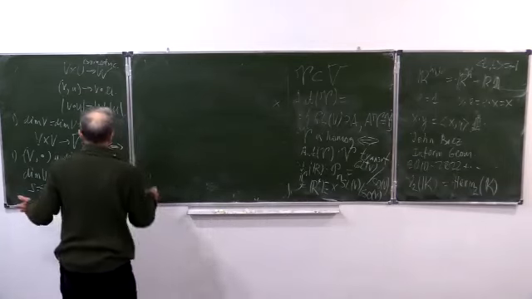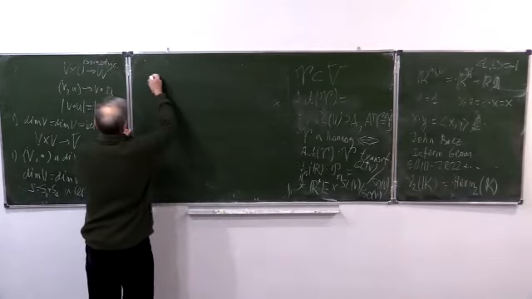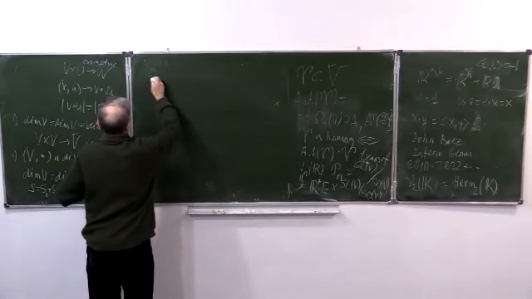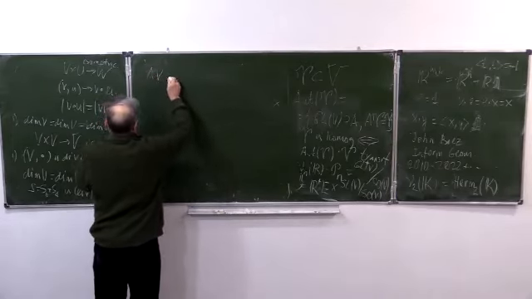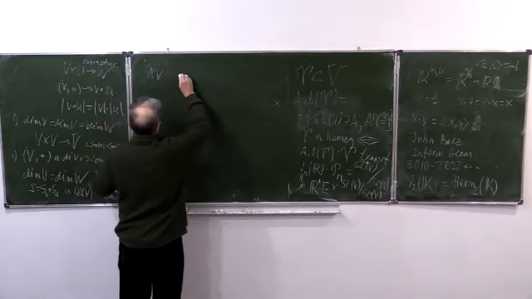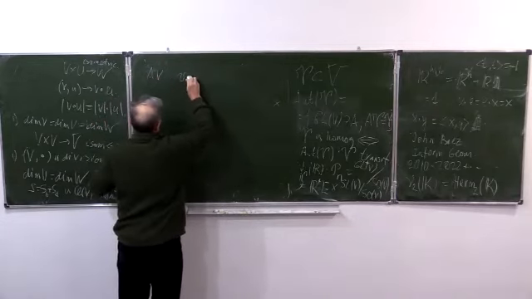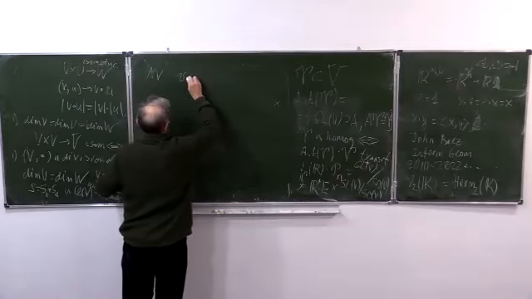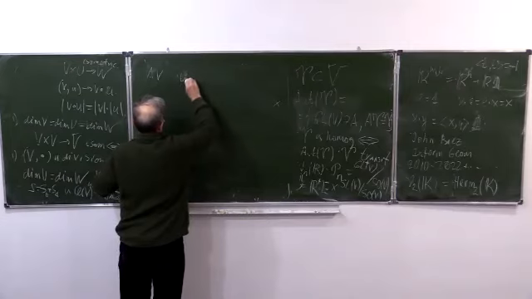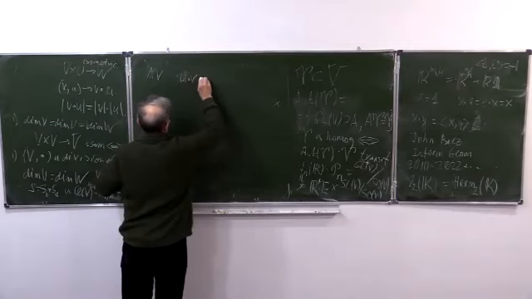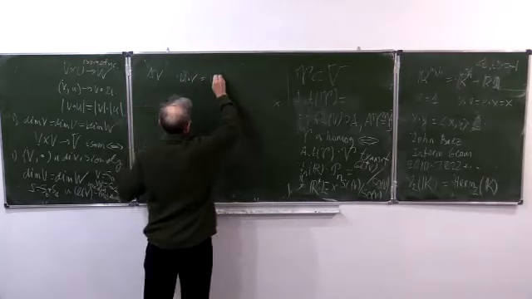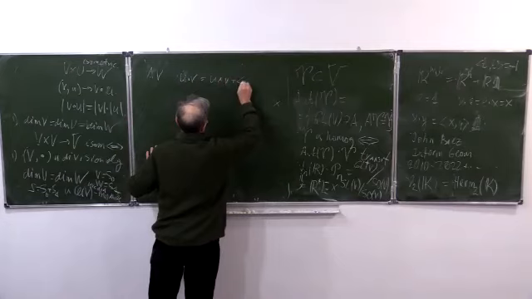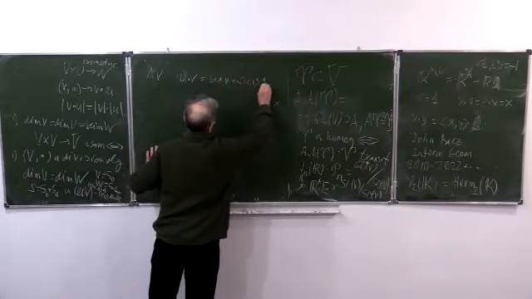So we have the Clifford algebra, which is the exterior algebra such that the product of vectors satisfies the identity U dot V equals U wedge V plus the scalar product of U and V times 1.